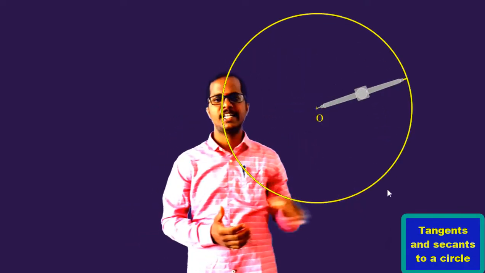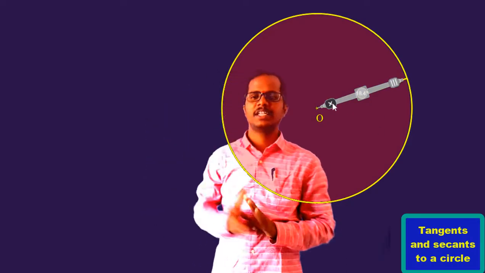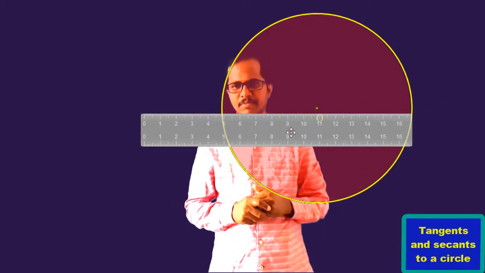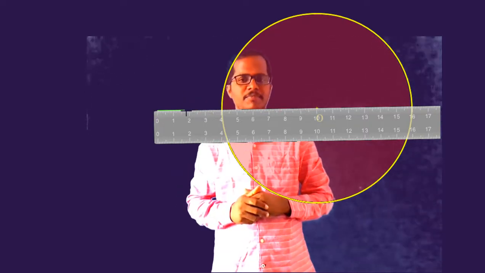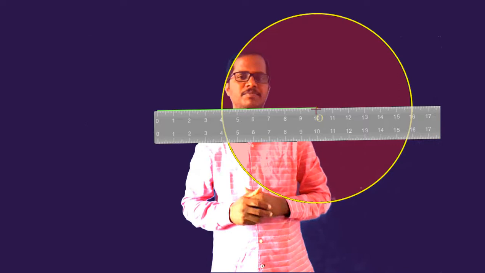Now the external point is 10 centimeters away from the center, so we need to locate it. Using the ruler, from point O measure 10 centimeters, mark a point and name it P. Now join O and P, and we get a line segment OP.